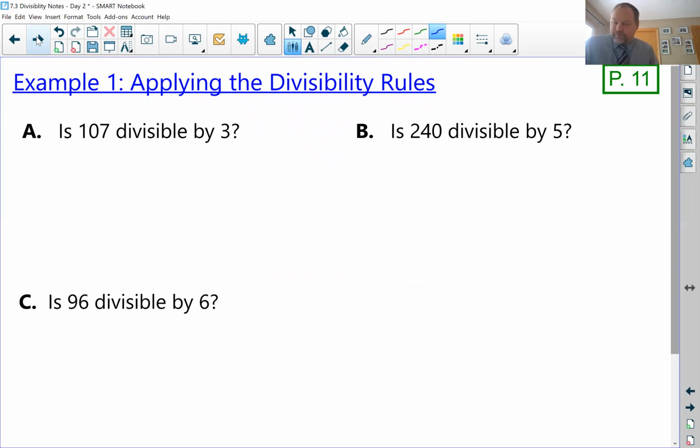So here, just a couple of examples. Is 107 divisible by 3? Now let's see, divisible by 3. If I add the digits together, 1 plus 0 plus 7, that's 8. Is 8 divisible by 3?